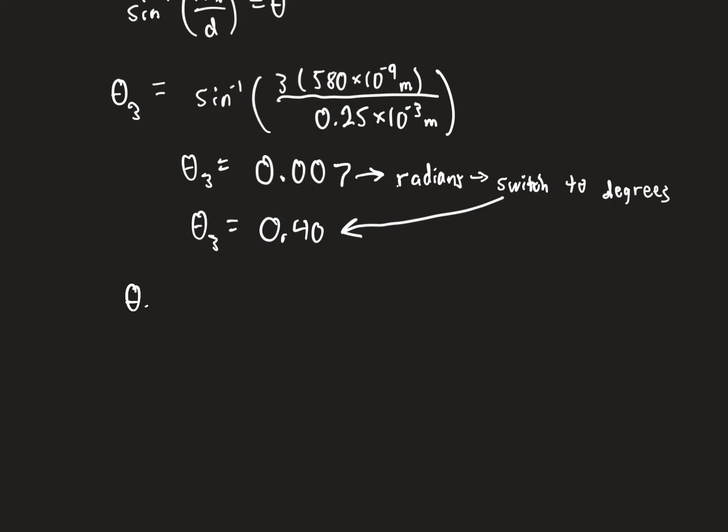We need to do the same thing for theta 4. Theta 4 is equal to inverse sine. Now instead of 3, I plug in 4, and then everything else stays the same. 580 times 10 to the negative 9 meters, all divided by 0.25 times 10 to the negative 3 meters.